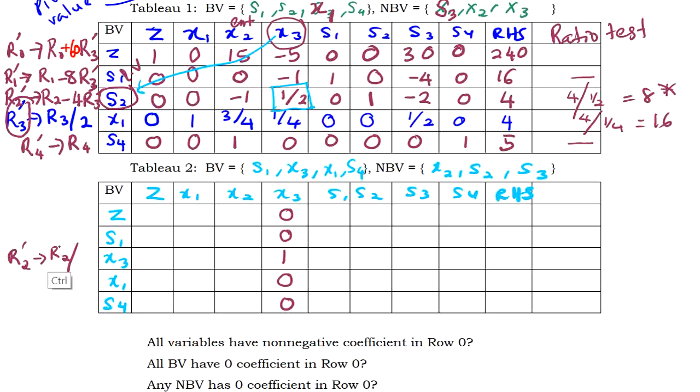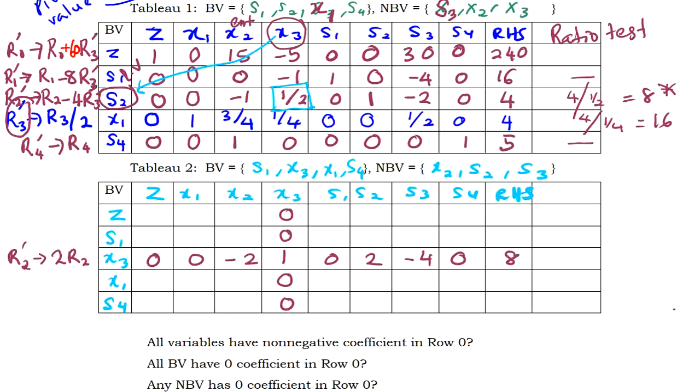Therefore row 2 times 2 to row 2. So we multiply this row with 2. So 0, 0, negative 2, 1, 0, 2, negative 4, 0, and 8.